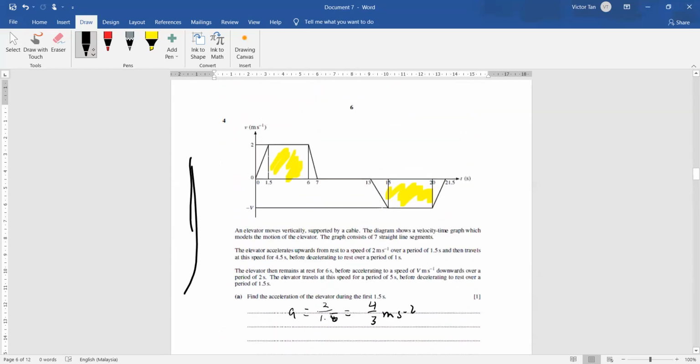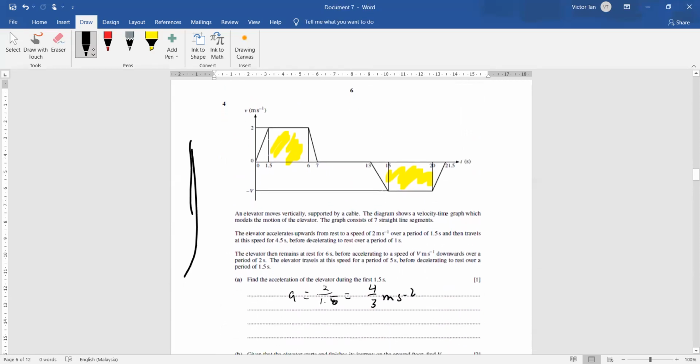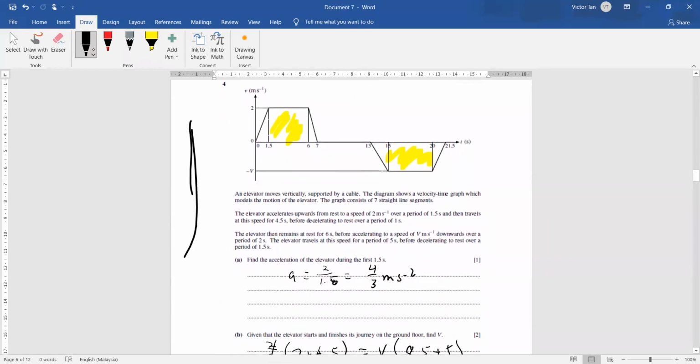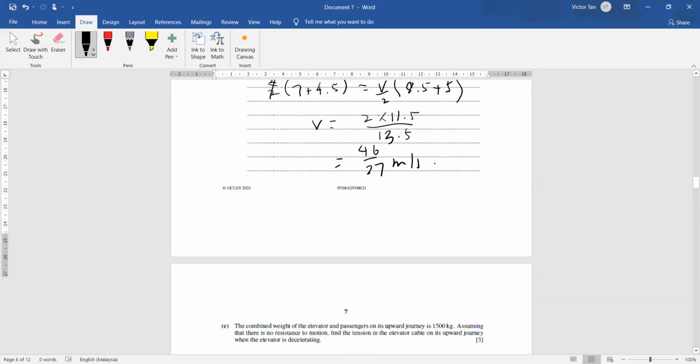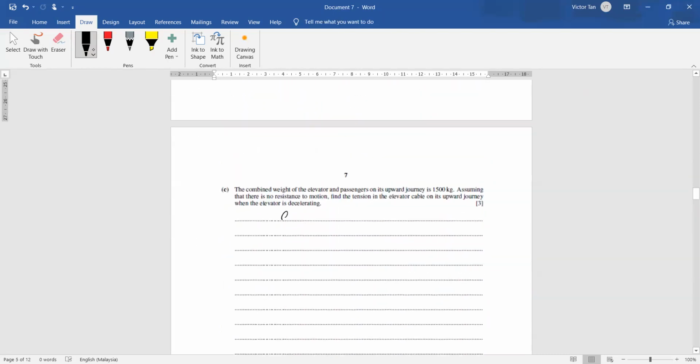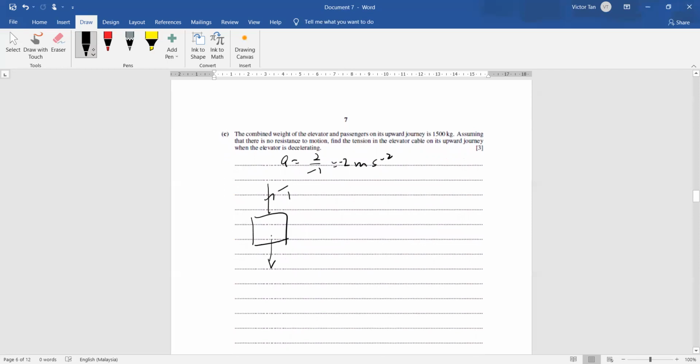So the deceleration is 2 over negative 1, which is negative 2 meters per second squared. Let's take this, that's the tension in the cable. This is the weight. Combined mass is 1,500, so the weight is 15,000 newtons.